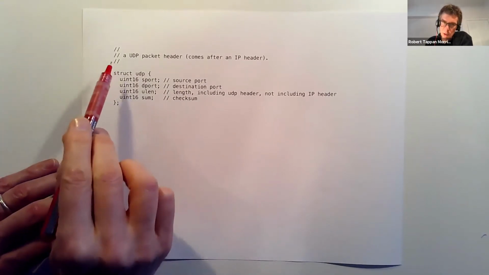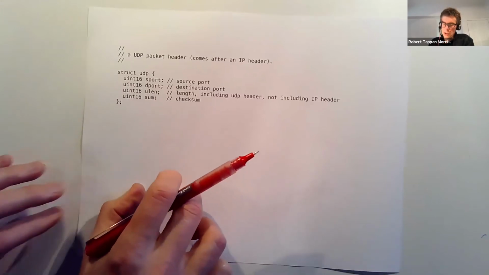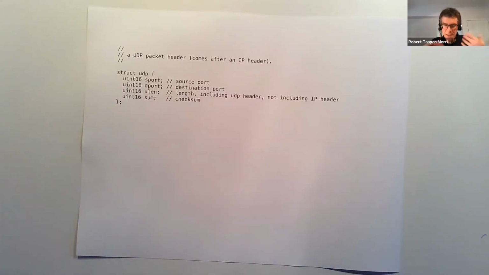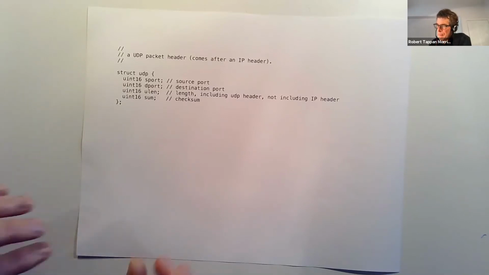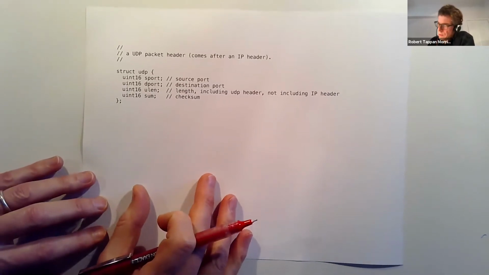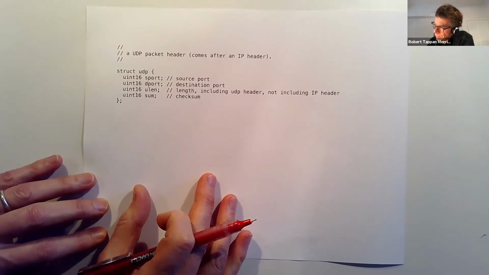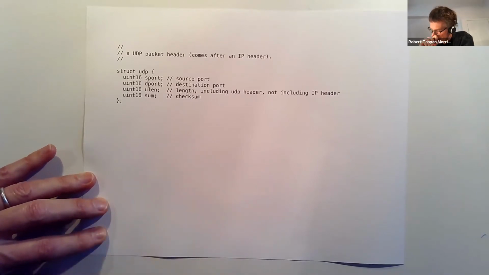UDP is a much simpler protocol that just delivers a sort of best effort delivery of a packet to a particular application, but without any error correction or, well, basically without anything else.